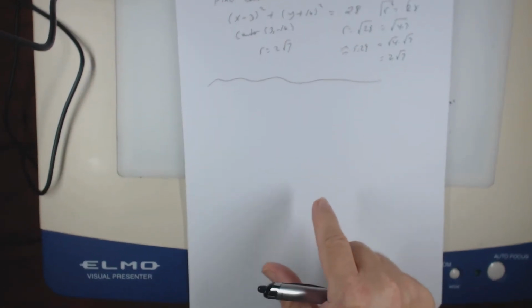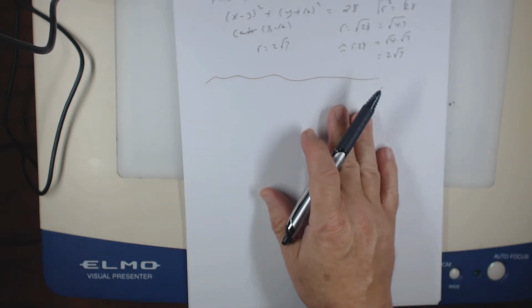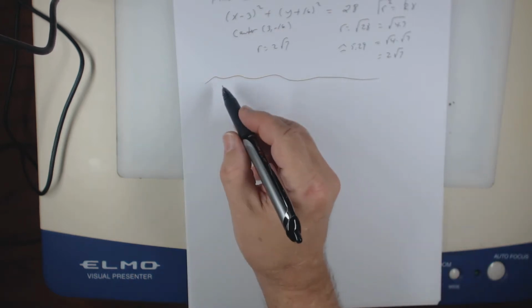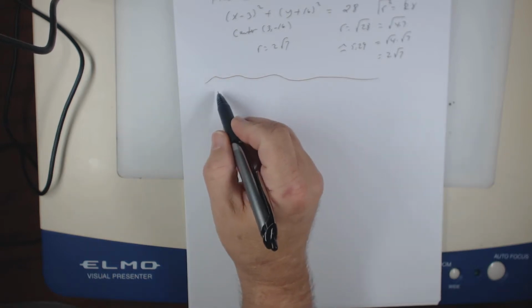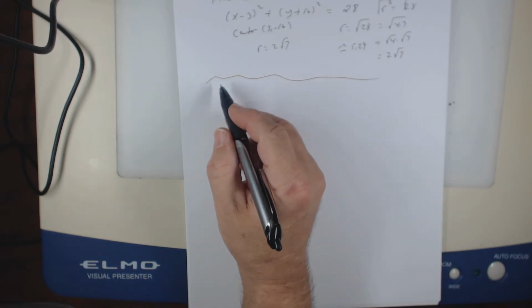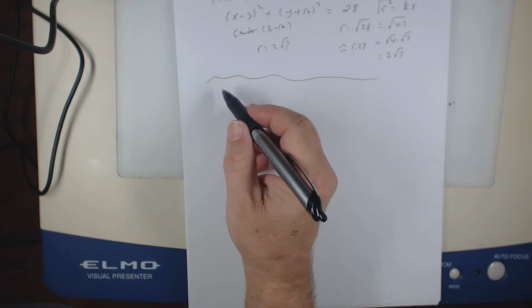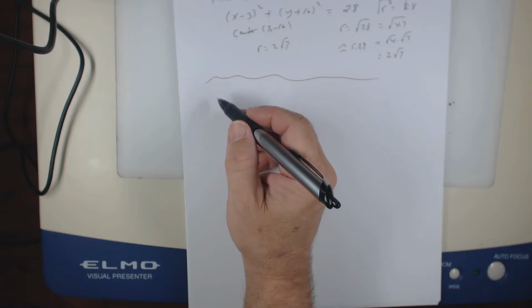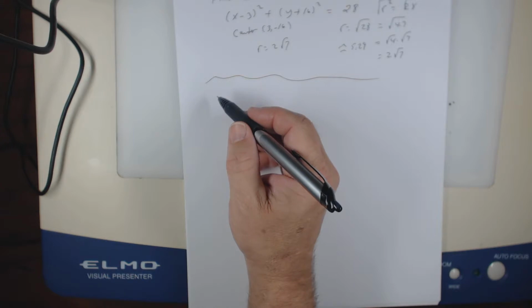Just see me after class, because all you do is punch in 4 divided by 5, and you get your decimal. Okay. Yeah, you hit second and then it turns the fraction into a decimal. You hit the second button and then the number. Okay. You got it? I see it, yes. Okay. I wasn't quite understanding you. Yeah, I understand. That's fine.